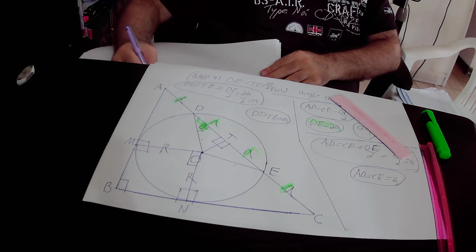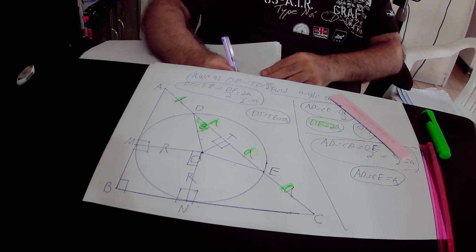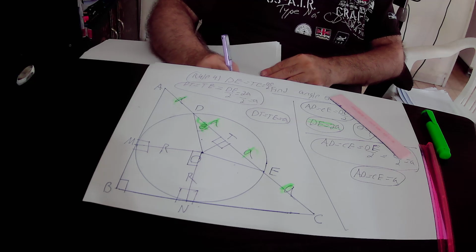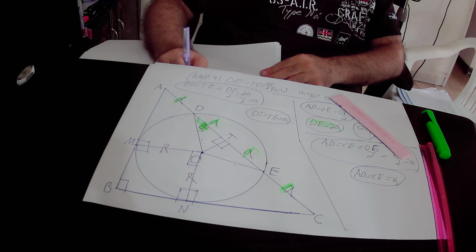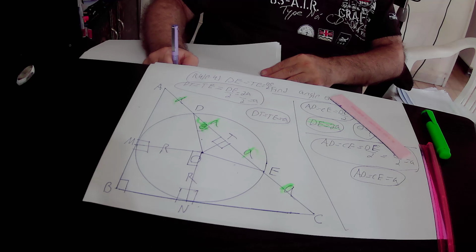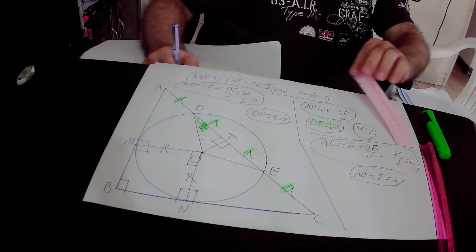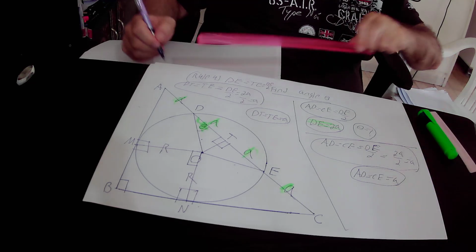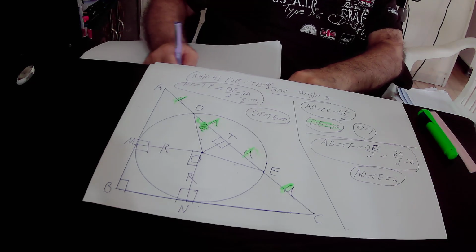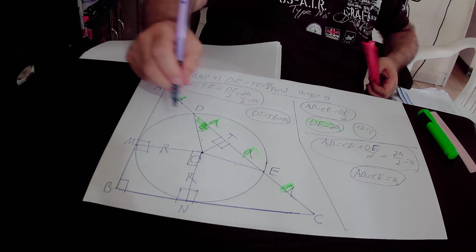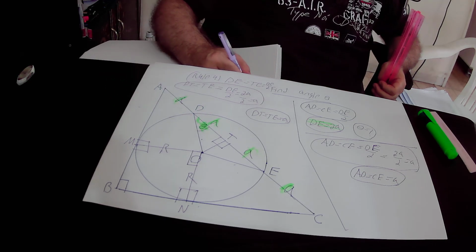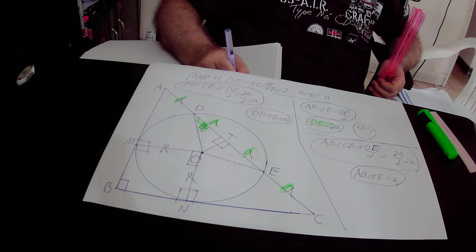I'll write it down. Quadrilateral MOBN is a rectangle. And we know that the opposite sides of a rectangle are equal to each other. That is to say, MO equals BN.